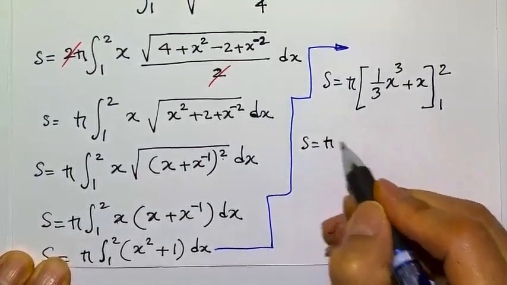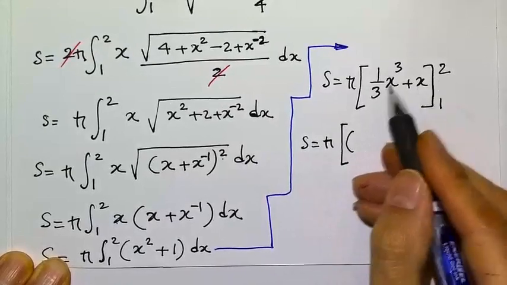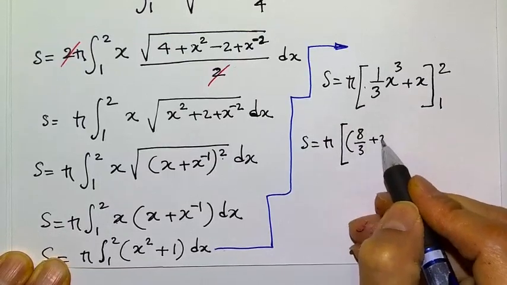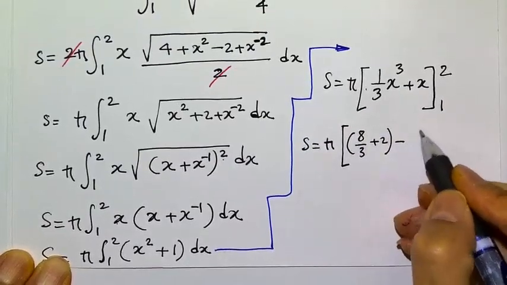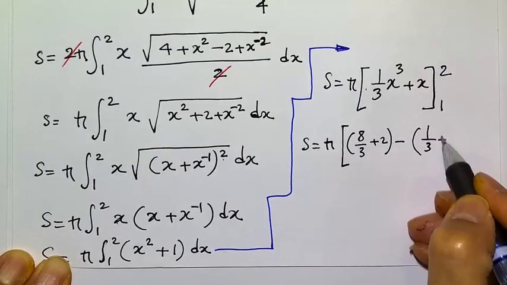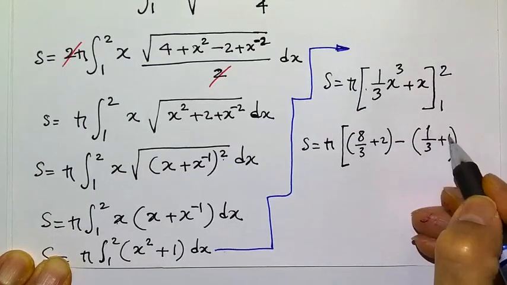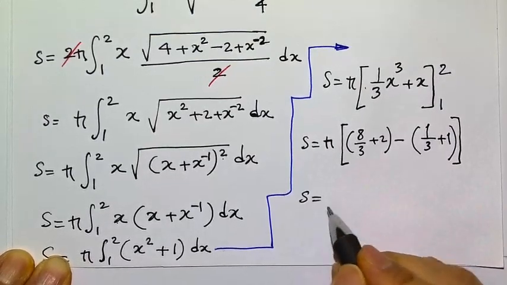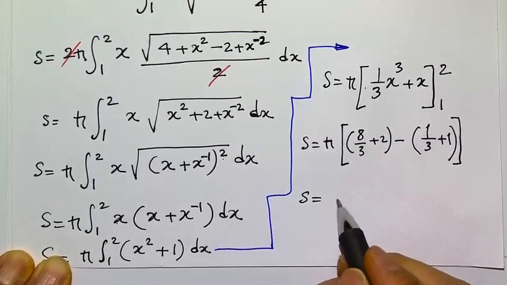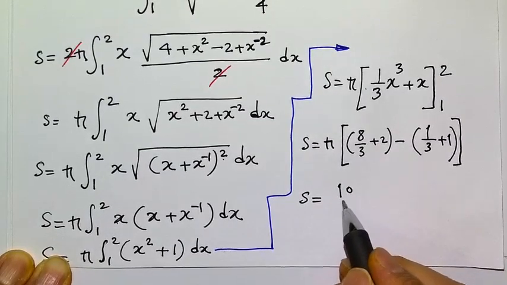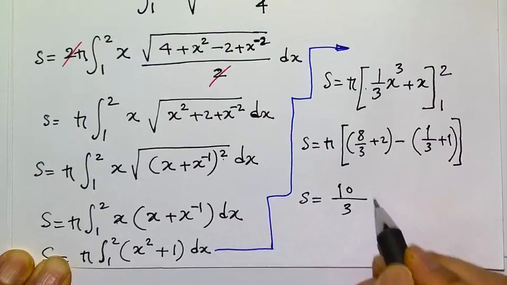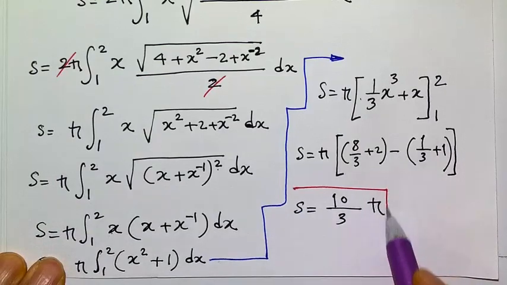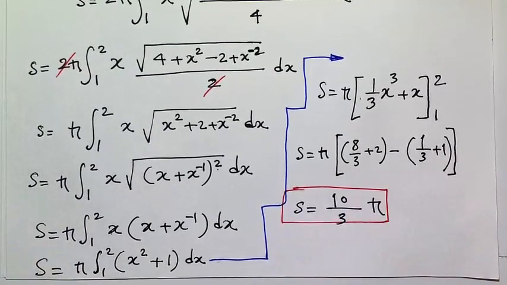What do we get? We have pi times 2 cubed times 1/3, which is just 8/3, plus 2, minus 1/3 plus 1, like that. That gives us (10/3) times pi. Like that.